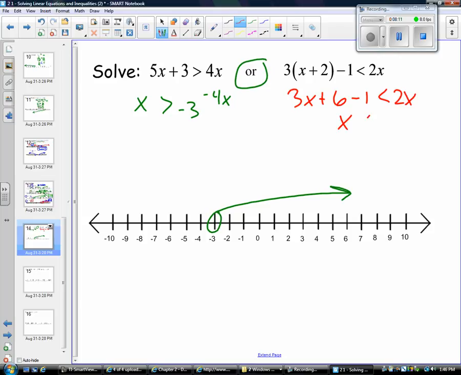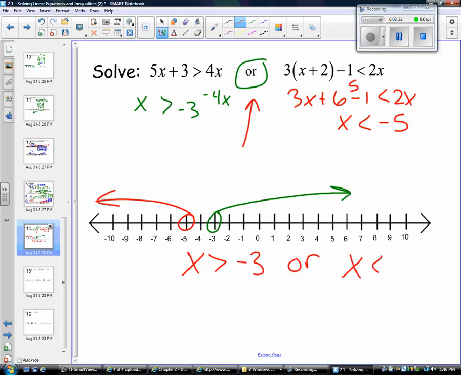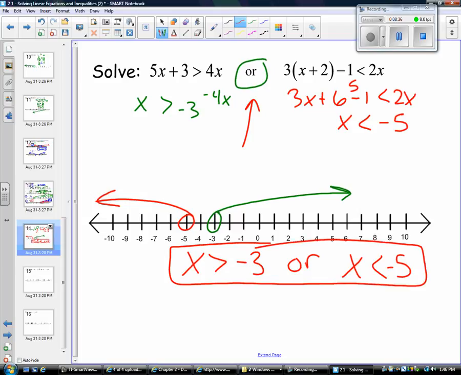So I get x is less than, this is equal to 5, so I bring it to the right-hand side, and x is less than negative 5. It's an or, so I'd expect it to be two lines going in opposite directions, which it is. So that means that my final solutions are okay. It's not one of those special cases. So I'm going to box my answer.